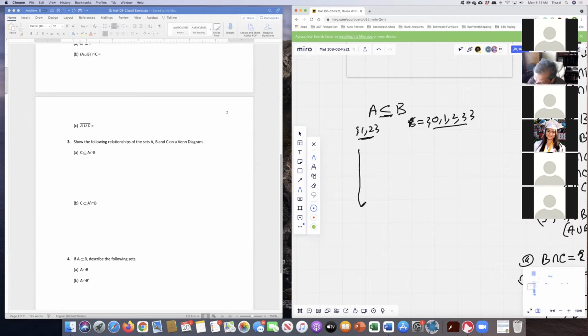On the Venn diagram, when I draw a circle for B, that means every dot here is an element of B. That's what the set B means.